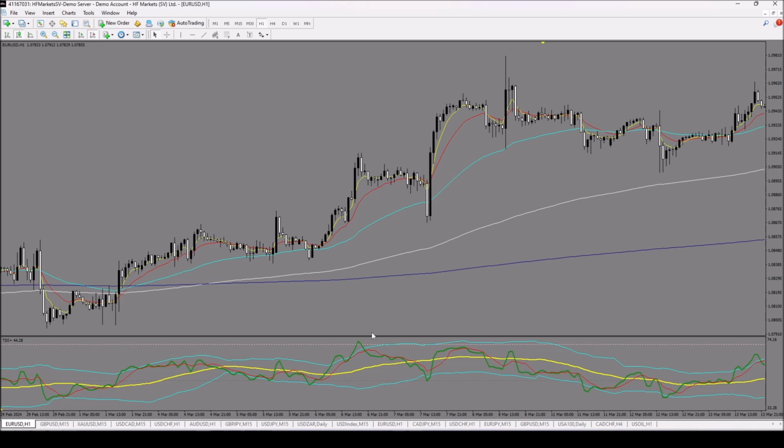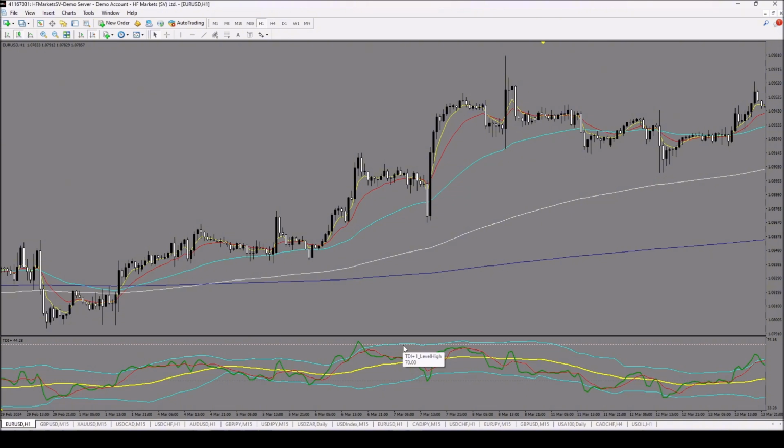Whilst on that note, we have the trader's dynamic index, which is a green line, the RSI line, or the relative strength index line. This helps us to see whether a particular currency is rising or dropping in relative strength. The blue ones are the Bollinger Bands. They are derived from Bollinger Bands, and they are called the volatility bands.